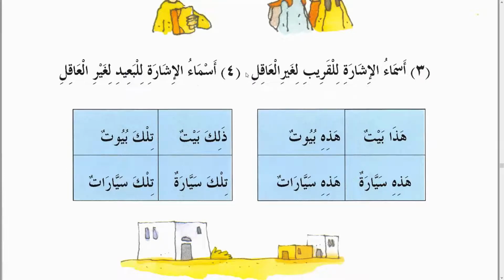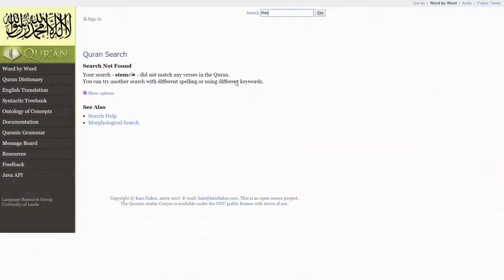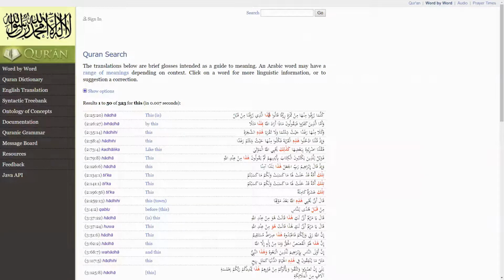Oh, there's no hadi in the Quran. Oh, hada should be there, of course. Oh, there's some spelling difference, I guess. Let's type just this. Oh, that is why these guys are not searching. You have to type like this.